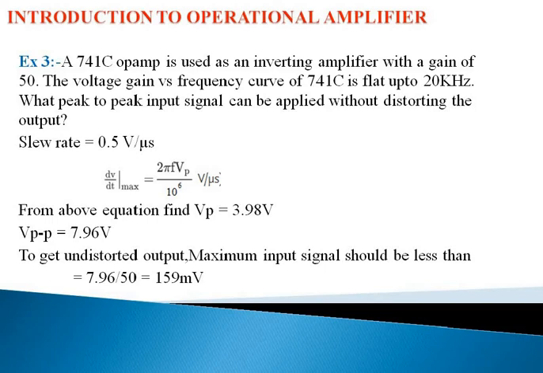So using this equation, that is the maximum value at which we get the distorted output, from that equation, we can reach the final value. From this above equation, we can see the max peak magnitude. Then find the peak to peak value. To get undistorted output, maximum input signal should be less than this value.